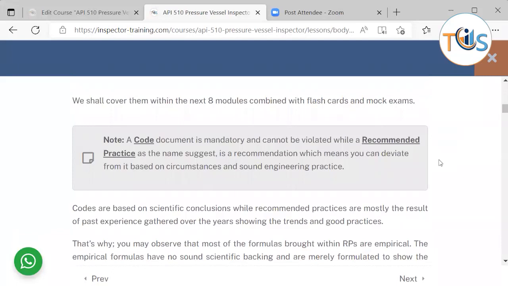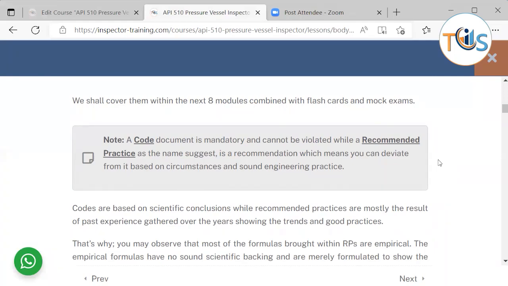So let's first pick up what is a code and what is a recommended practice. So as you know, a code is mandatory, cannot be violated, otherwise you're having trouble certifying the vessel to the jurisdictional requirements or according to the law, if API 510 is applicable or ASME Section 8 is applicable.